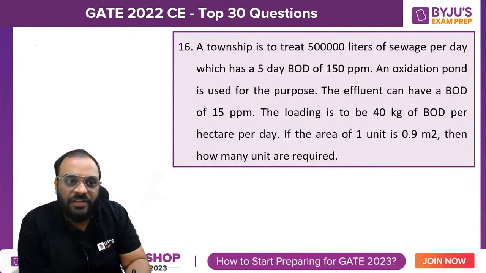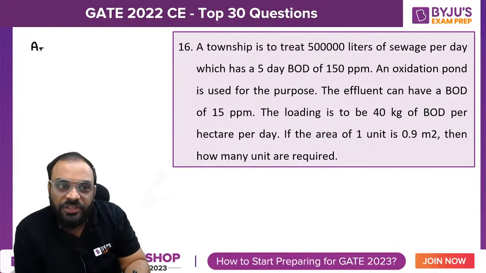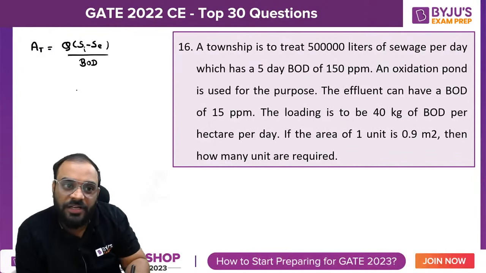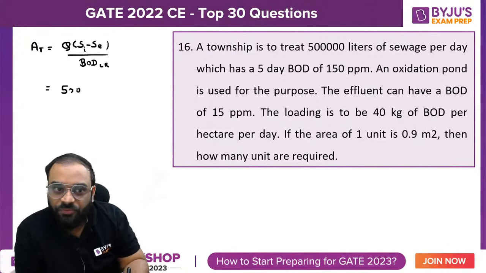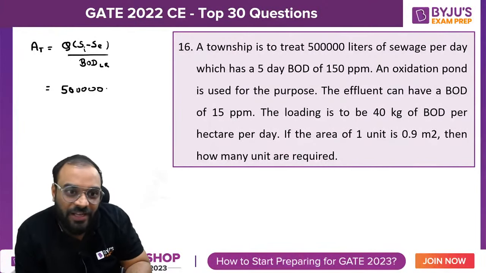Can we calculate the total area which we need here? Total area equals Q into the influent BOD minus the effluent BOD, divided by BOD loading rate. What is the discharge here? It is 5 lakh liters, a very big discharge.